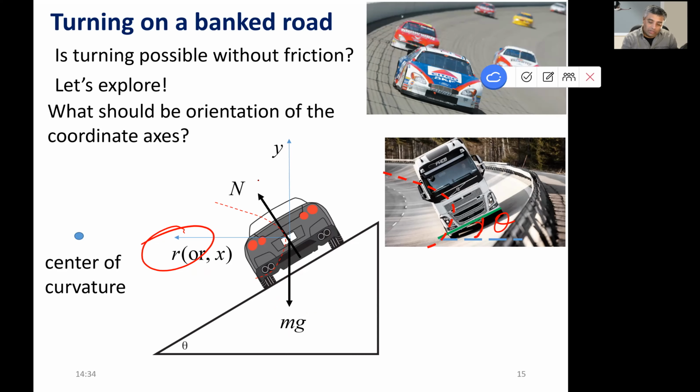But the normal is going to have a component, okay? We know this angle, the banking angle, and we have used this previously in our free body diagrams.